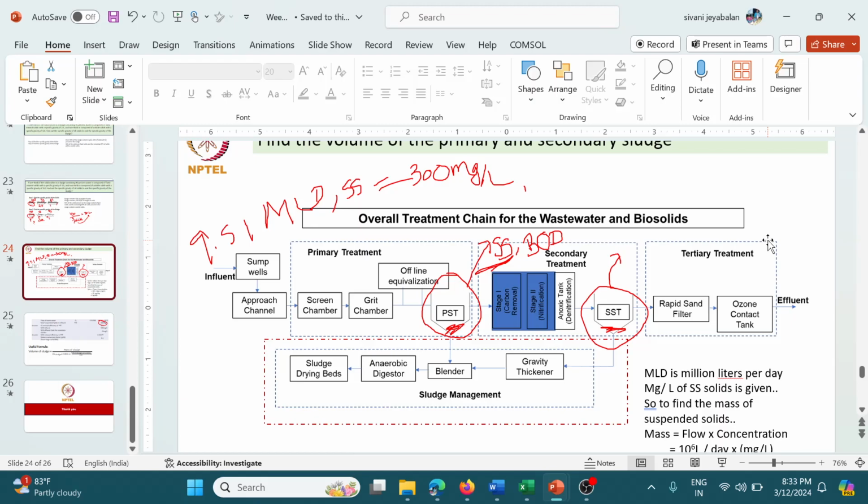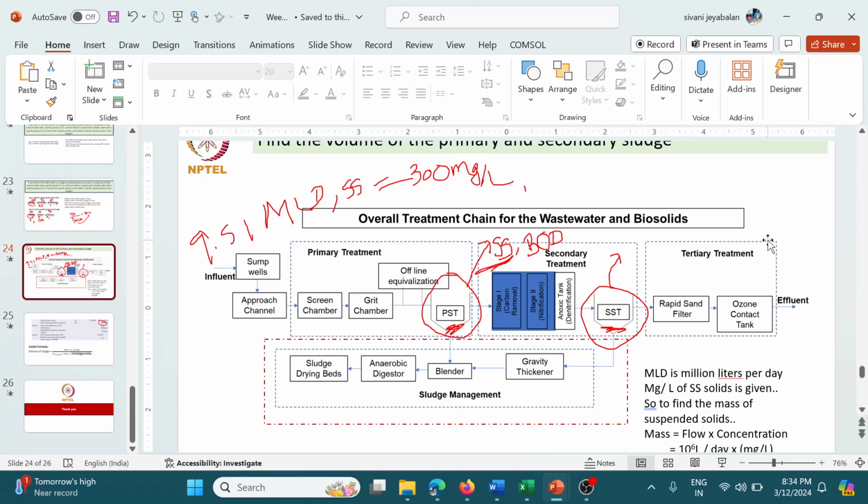But in the primary clarifier, the solids will get settled, and the settling efficiency is given as 70%. So 70% of the solid mass is getting settled. What is the sludge produced? What settles will be the sludge. If 70% of the mass is getting settled, what will be the settled sludge produced? 70% of total mass.